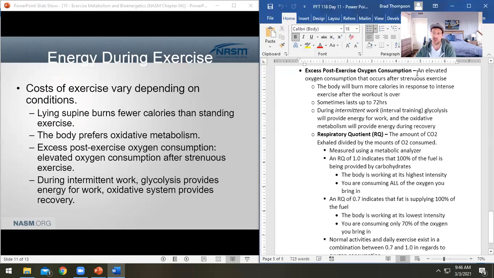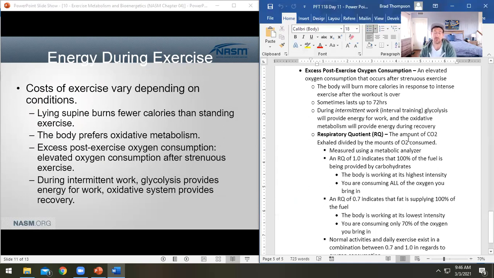fat as a fuel source, primarily at least, is when your body burns lots of calories, you experience this post-exercise elevated consumption of calories, right? So excess post-exercise oxygen consumption is an elevated oxygen consumption that takes place after strenuous exercise.